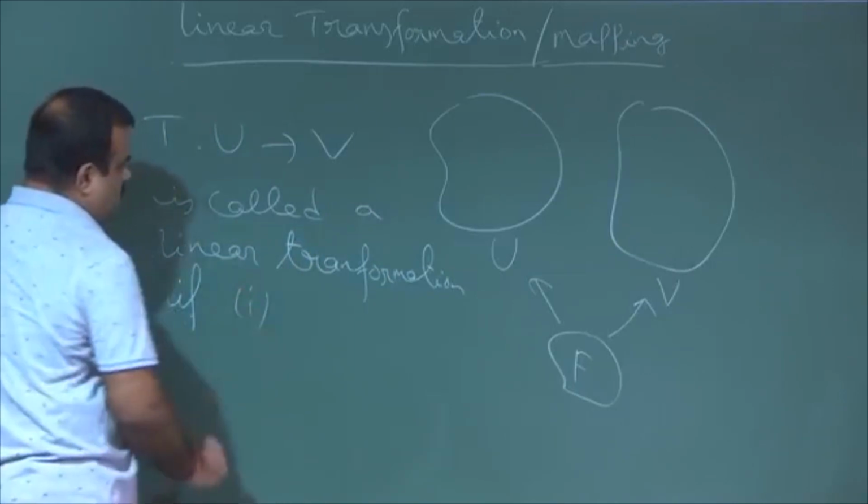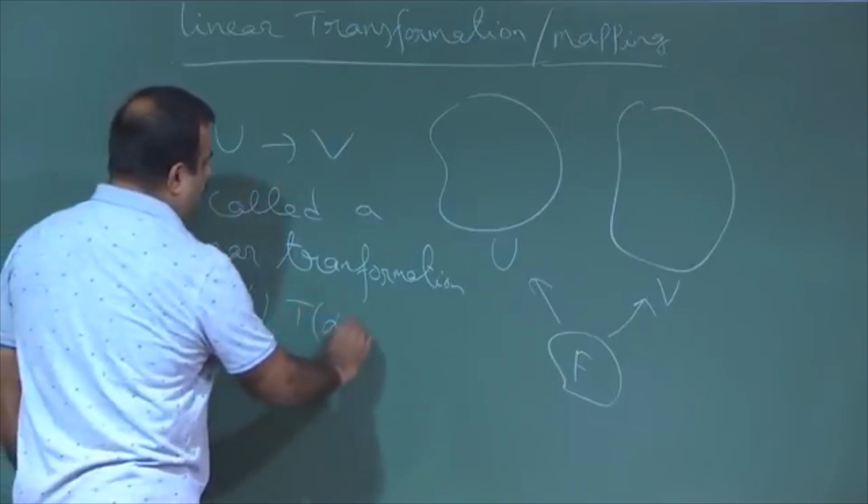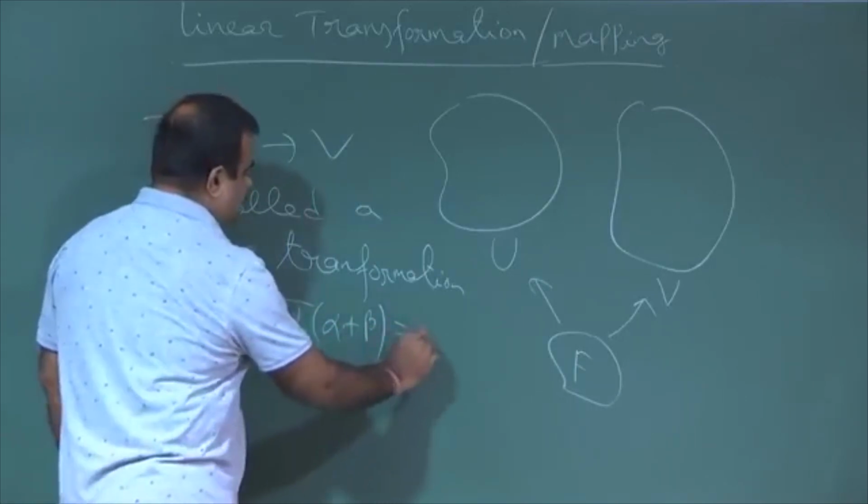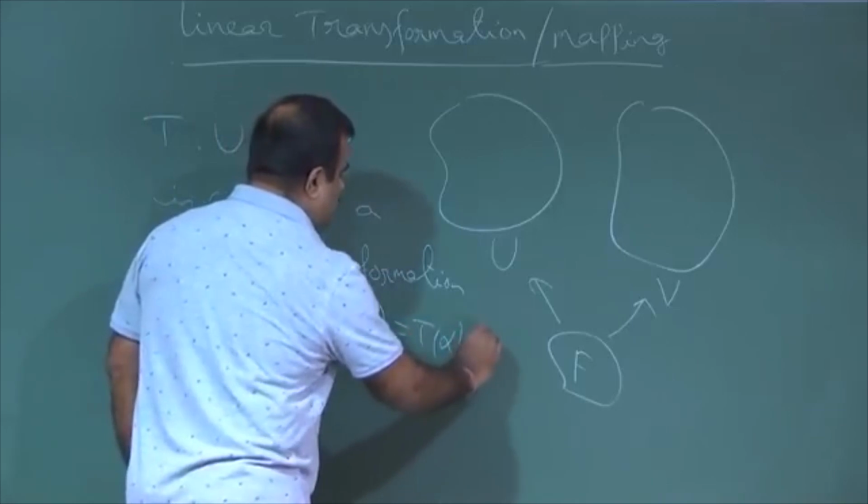There are two conditions. The first: T of alpha plus beta is equal to T of alpha plus T of beta.